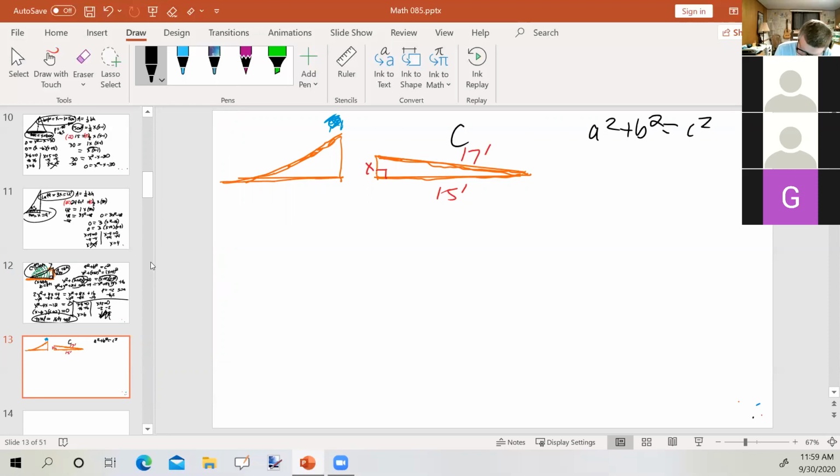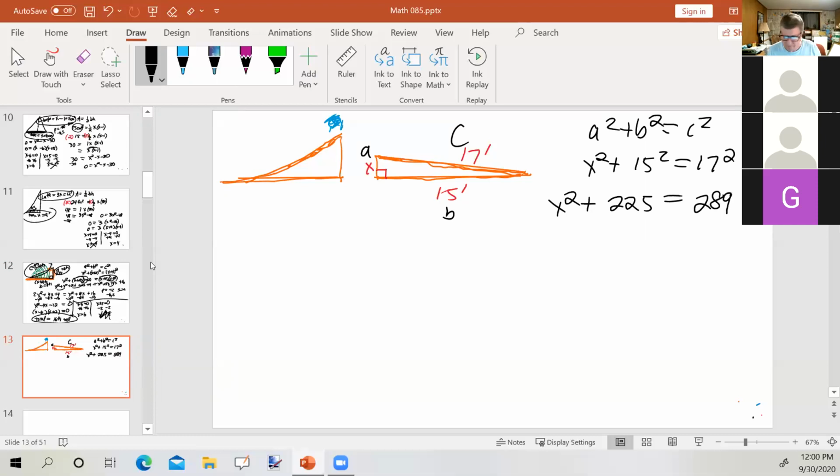So this is C, and we'll call X A and 15 B. Okay, so we've got x squared plus 15 squared equals 17 squared. All right with that? Which gives us x squared plus, I believe that 15 squared is 225. And I believe that 17 squared is 289, but I'm going to check that just in case. Oh, yep, I'm right. Any questions so far?